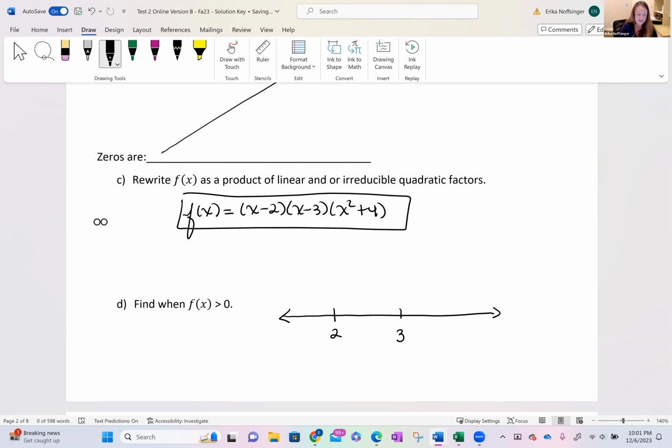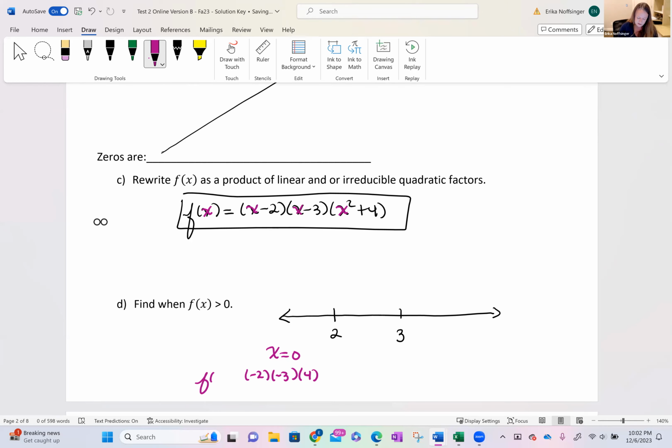And so choose a test value, something less than 2. So let's plug in x equals 0. If we go back into our function and plug in 0 wherever we see an x, we get 0 minus 2, which is -2, all times 0 minus 3, which is -3, all times 0 squared plus 4, which is 4.